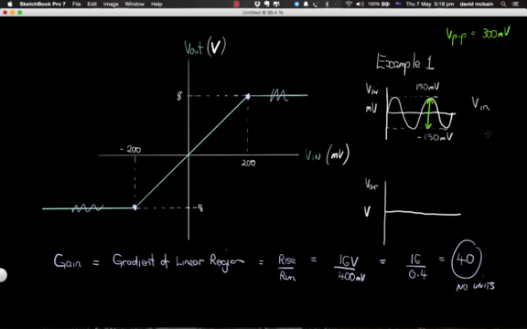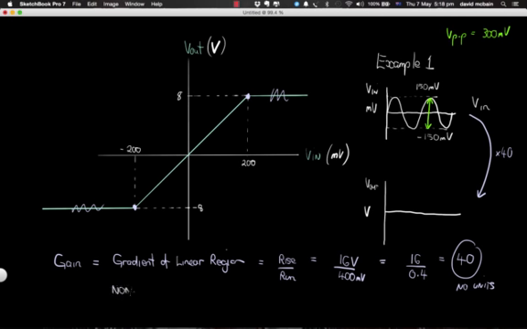Because we now know the gain is 40, we know that our input voltage is simply going to be amplified by a factor of 40. We also notice that the linear region of the graph has a positive gradient. It's sloping upwards, which means that this amplifier will not be inverting.